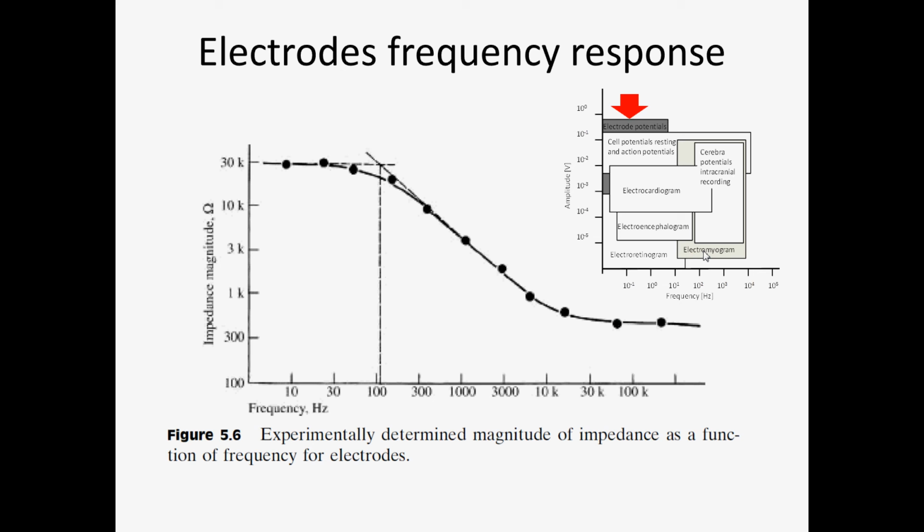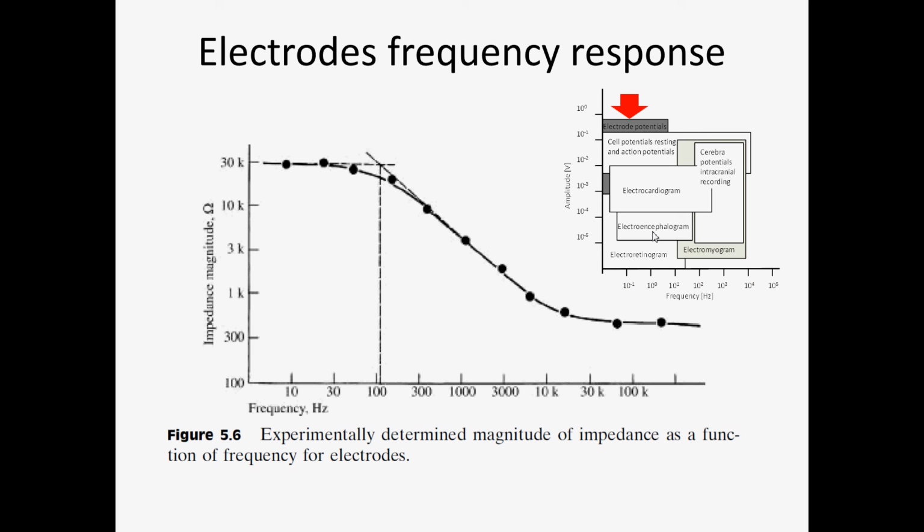That is because those signals sit so high in frequency that we don't really care what the frequency behavior or impedance of the electrode is. Different is if you're doing EEG. EEG sits in a frequency range that is almost completely covered by the electrode's potential.